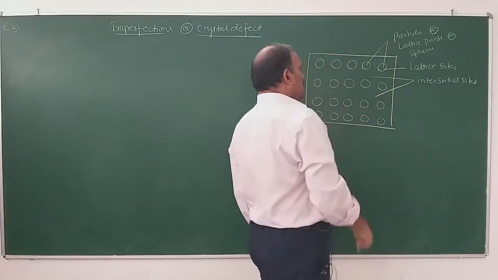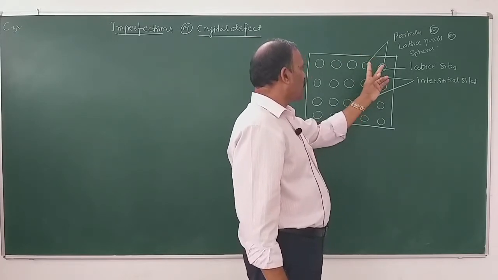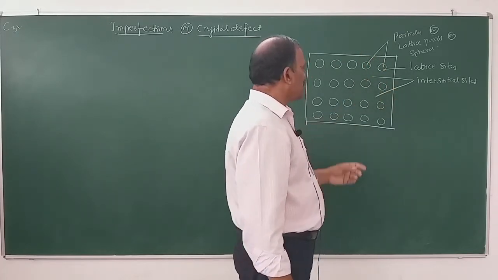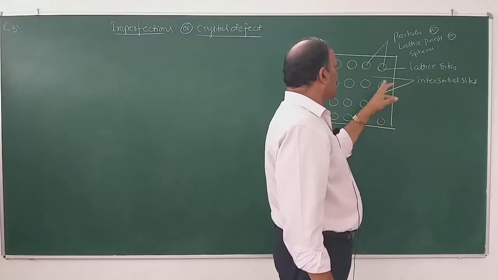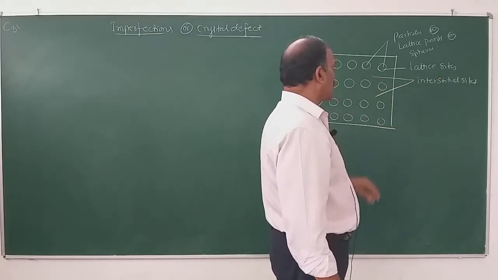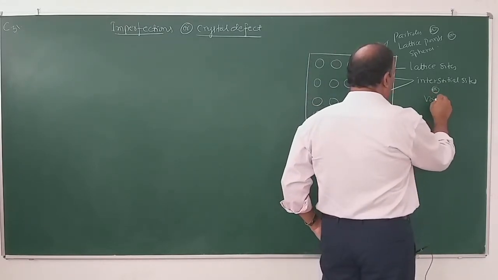In the crystal, the space occupied by the particles or the points or the spheres are called lattice sites and other places are called interstitial sites. They are also called as voids.